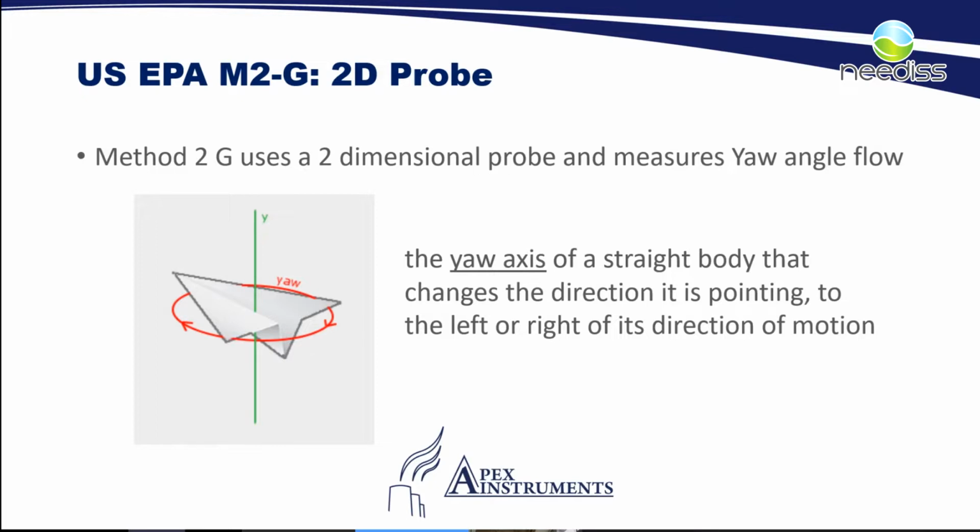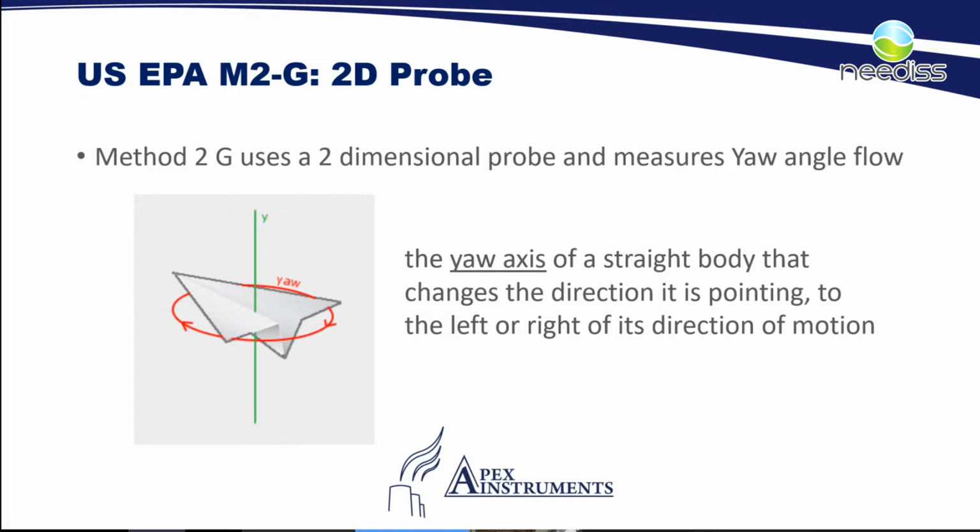laminar flow. So for example, as you can see there in the little diagram on the left, we have a paper airplane. And on the y-axis going straight up in green is what we would consider our laminar flow. It's flowing directly up the stack in a straight line.